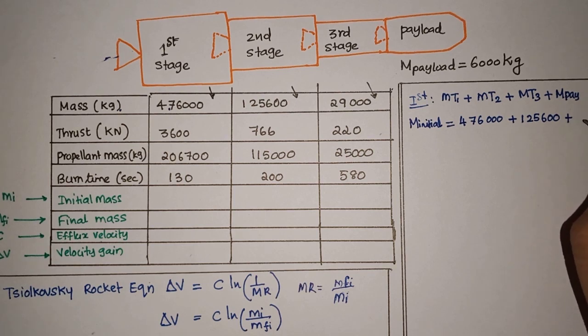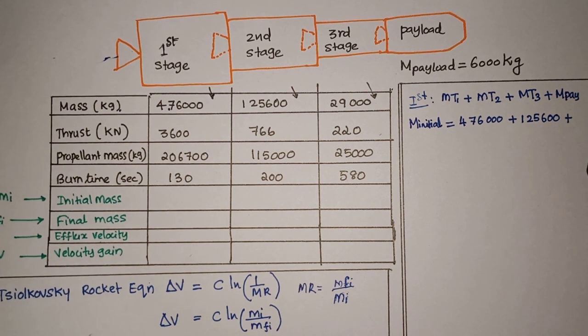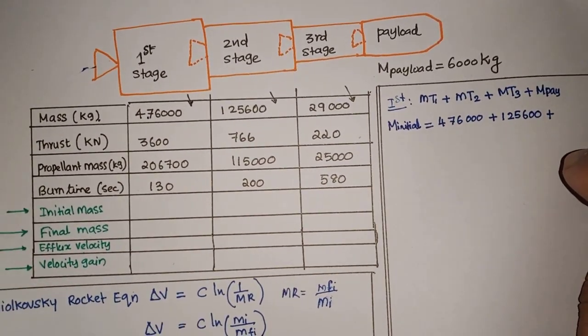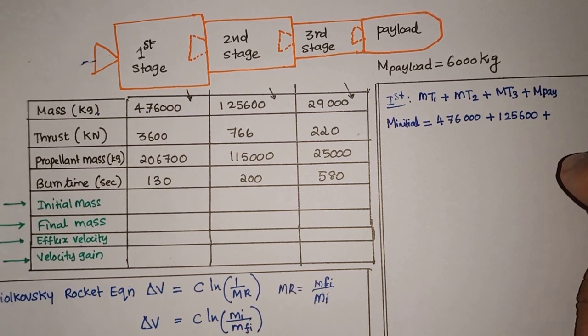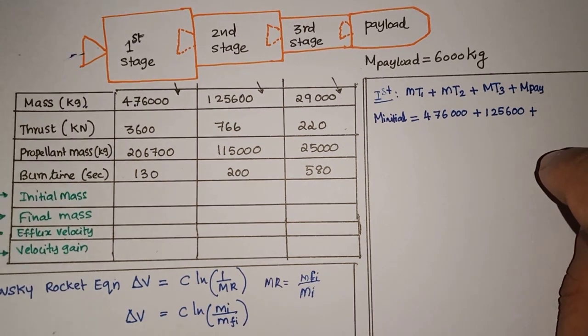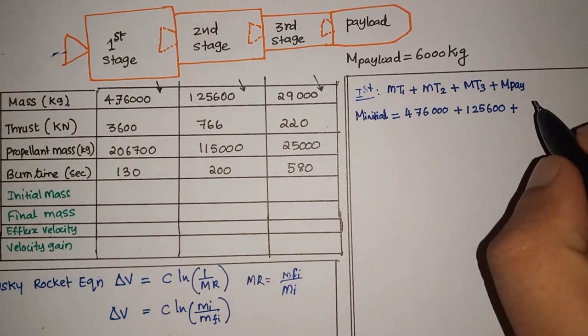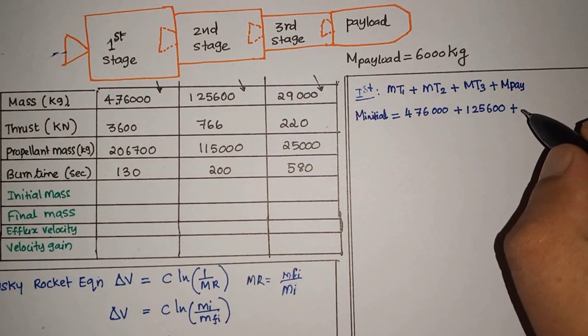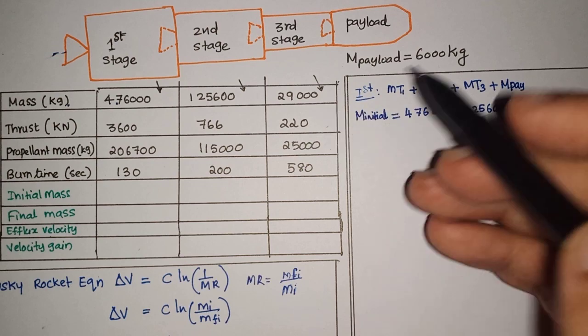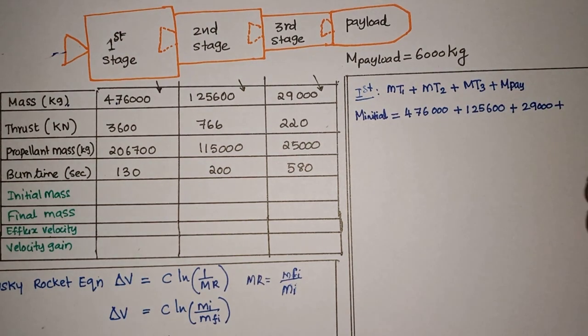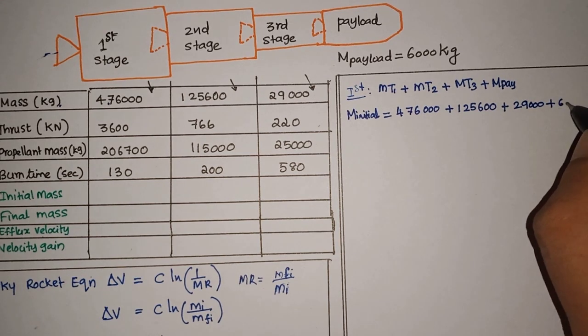If you see the previous video also, you should be in a position to understand how it is coming and how that can be determined. Whenever it is going to ask, you should be in a position to solve everything. Now being said that, we have the mass of the third stage, which is going to be 29,000, plus the payload mass going to be 6,000.